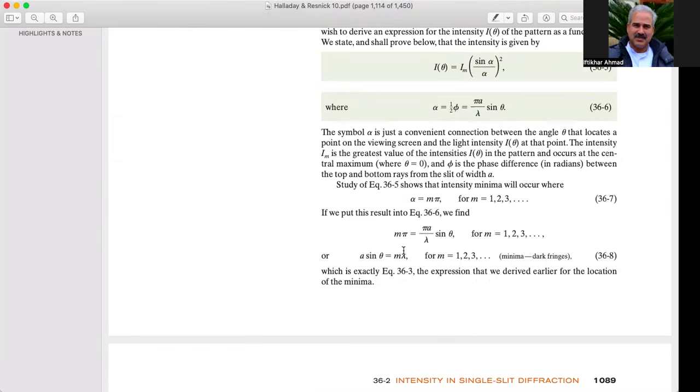But in single slit diffraction, this is not the case. If you look here, a sine theta is equal to m lambda gives us minima. This gives us dark when m is equal to 1, 2, and 3, and so on.